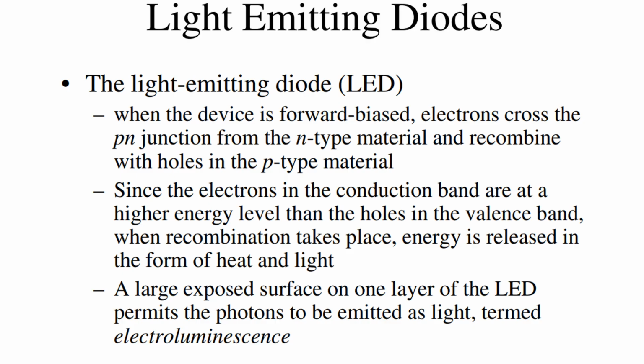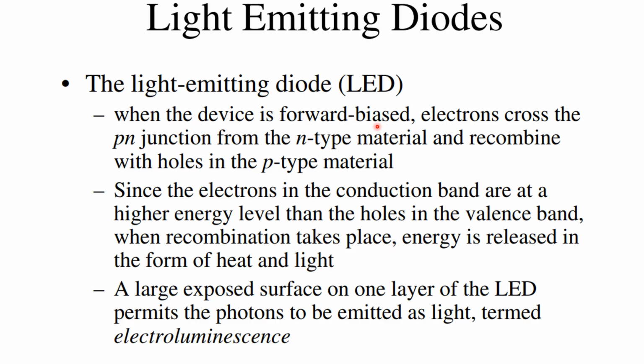When the PN junction diode is in the forward bias condition, the electrons move from the valence band to the conduction band. The conduction band is the high energy level. The electrons are unstable at the higher energy levels. They come back to the valence band and recombine with holes here.